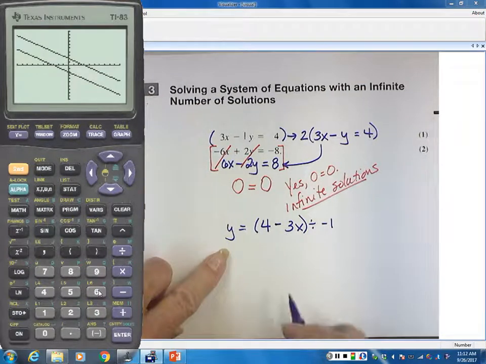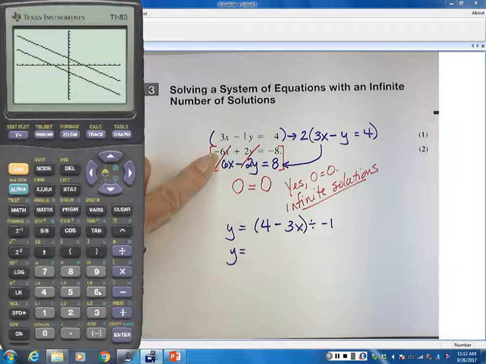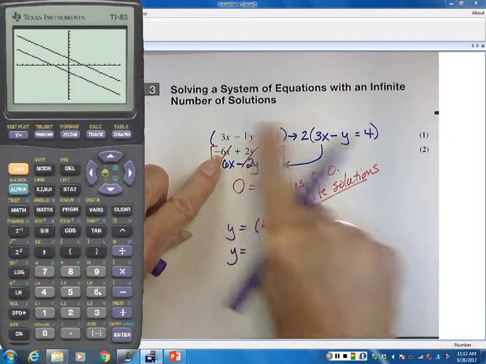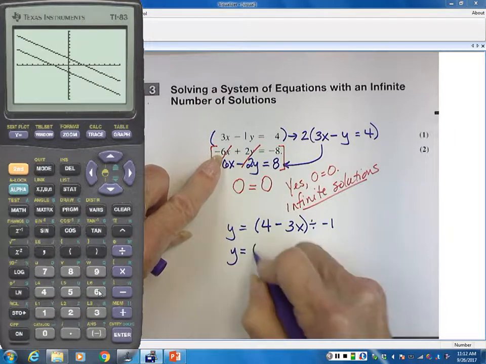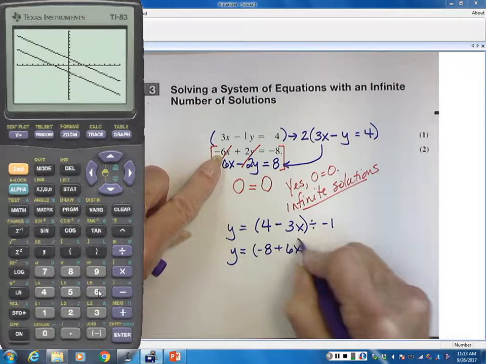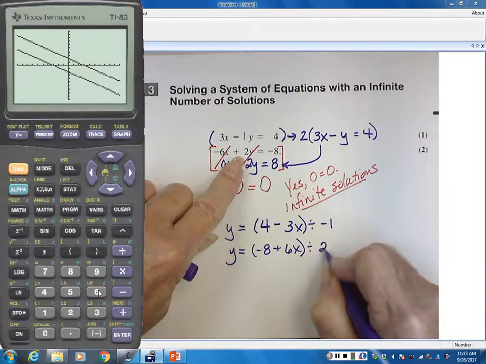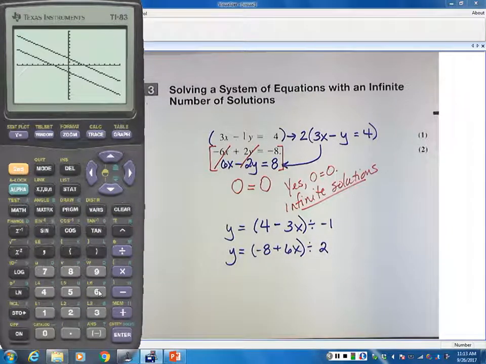And for the second one, we have negative 6x, which when it moves over is going to go with negative 8, but it's going to be added. Then we're going to divide by the 2 that's in front of the y. Let's see if we get what we think we're going to get, which would be only one line.